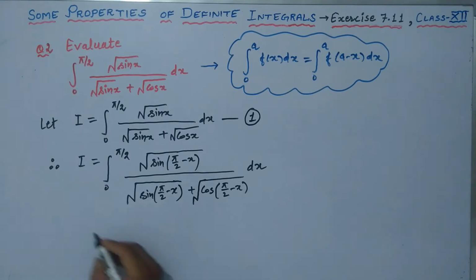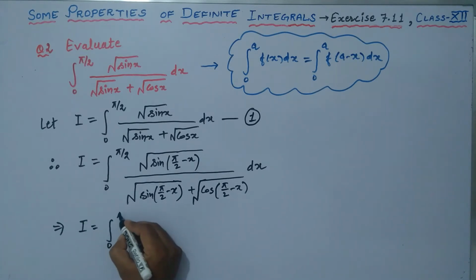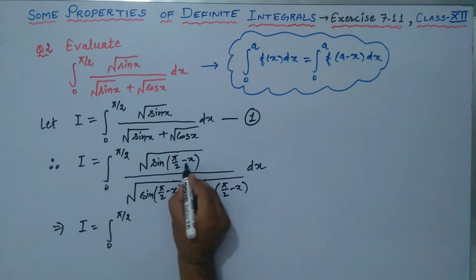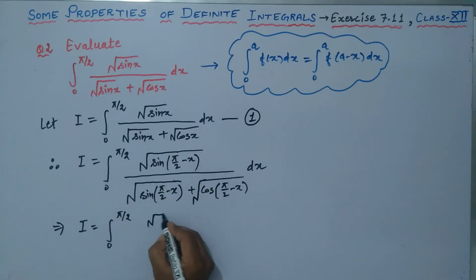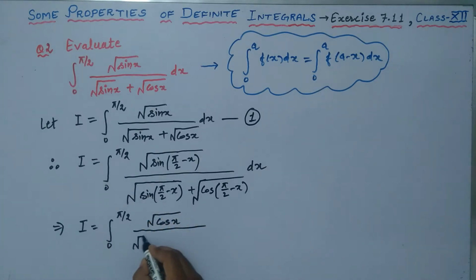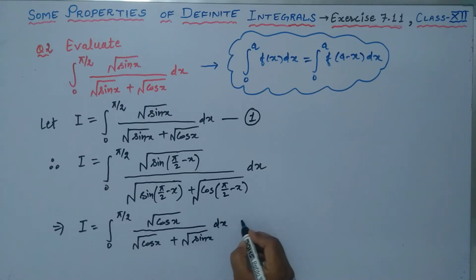Further we can write this as I is equal to the integral from 0 to pi by 2 of square root of cos of x divided by square root of cos of x plus square root of sine of x dx. Now say this as equation number 2.